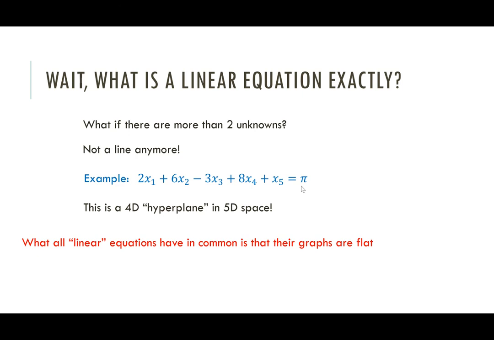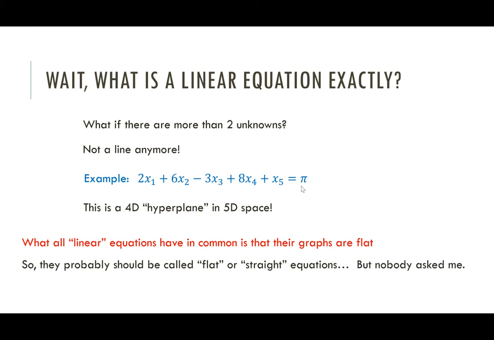So, like, it's a straight line, it's a flat plane. And you might not have a great intuition of what flat means for some 4-dimensional object in 5-dimensional space, but there's a mathematical way of describing that. And linear equations are flat always. So actually, maybe they should have been called flat or straight equations instead of linear, but nobody asked me.